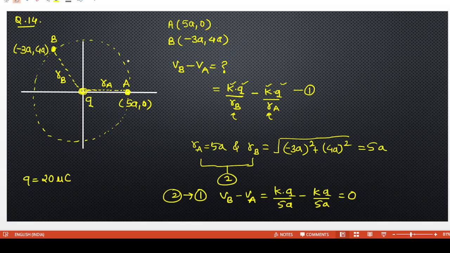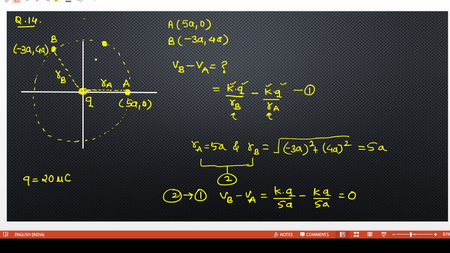They are not on different spheres. If they are on different spheres, their potentials will be different. But they are on same sphere. Because they are on same sphere, the potential difference between them is going to be 0. So you could have given the answer directly also, because both of them are on same sphere.